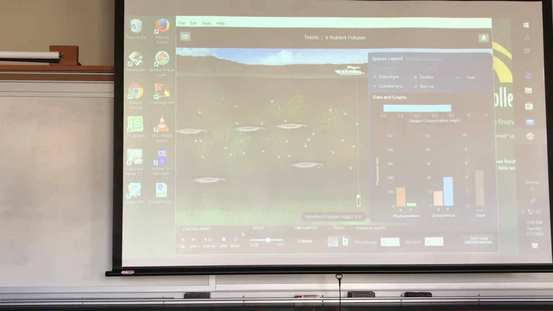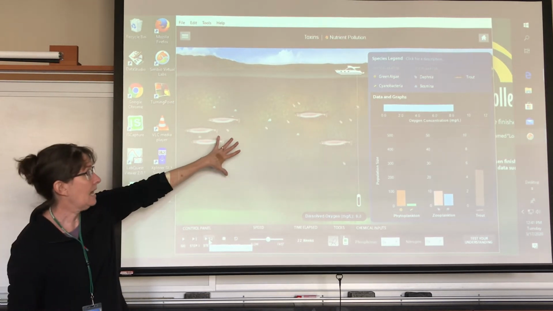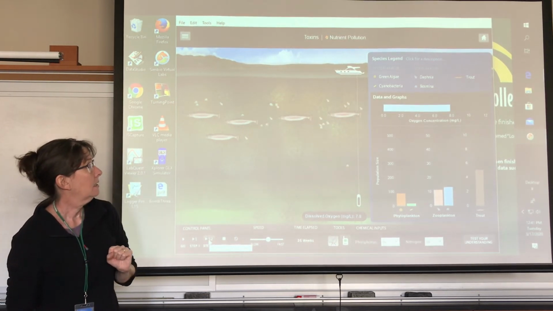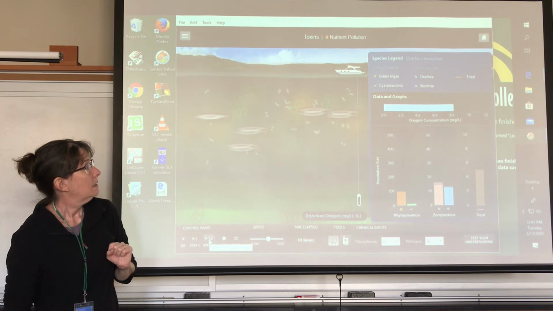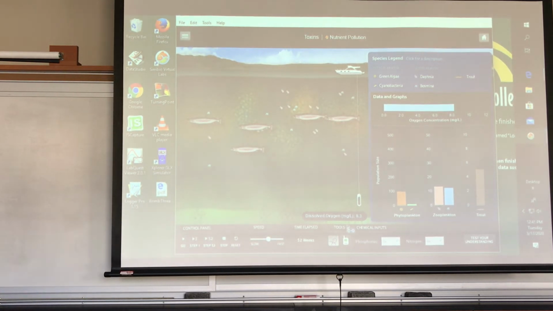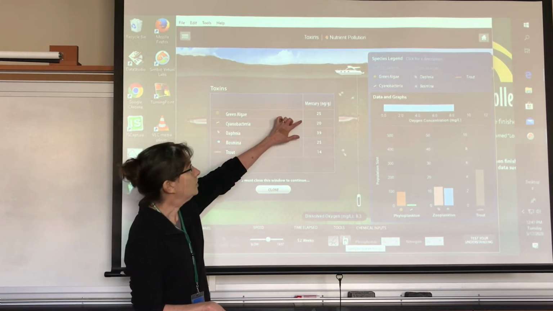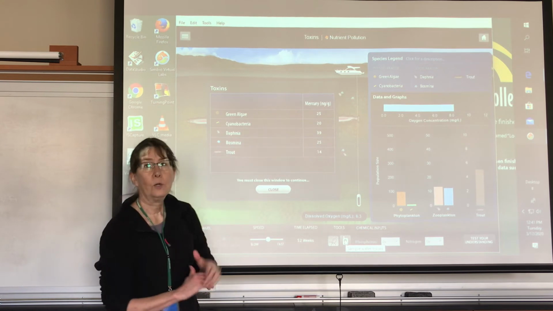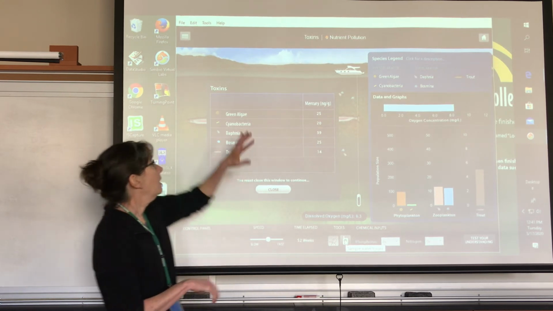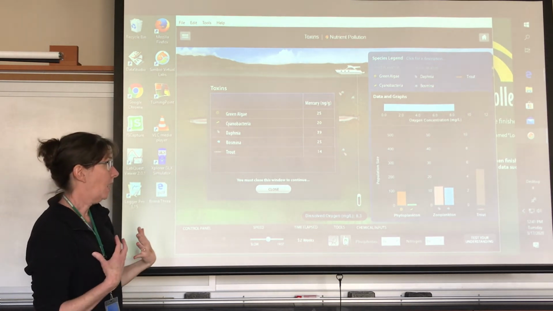Now we're going to let it run again for a year. Mercury is being added into this lake. And after our 52 weeks, when we click on it, we now have mercury levels in all of our organisms. So our phytoplankton are going to take in mercury from the water.